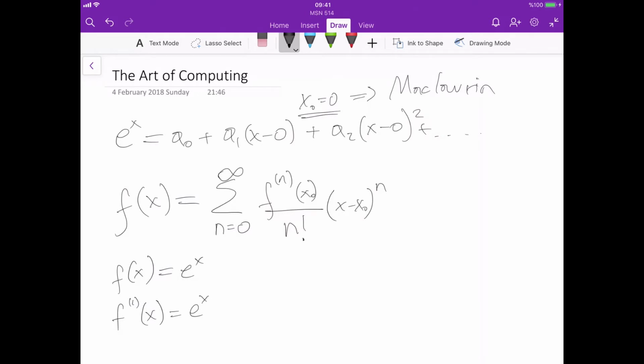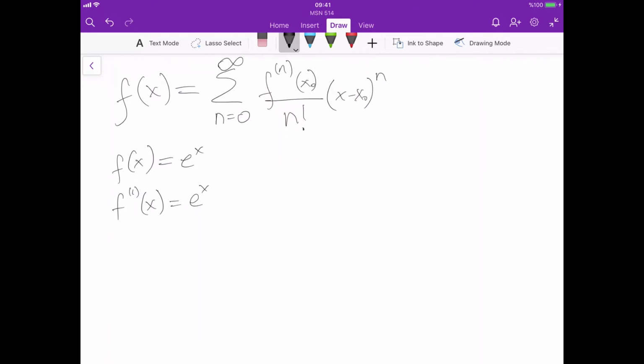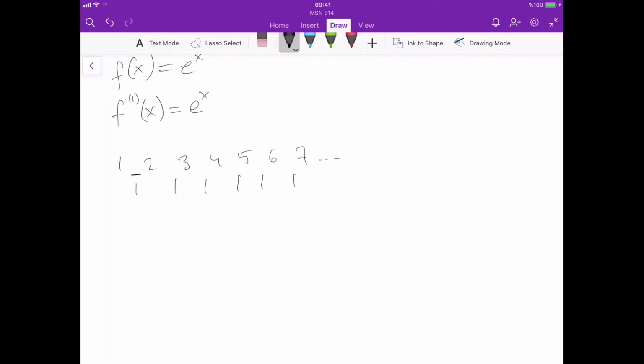Let's think about what it means first, okay, for a while. What it means to have a derivative that is equal to itself. For example, if you have something like 1, 2, 3, 4, 5, 6, 7, blah, blah, blah. Then if you write down the differences, it's constant, right? I know it's a childish way of thinking about things, but still, bear with me for one more moment.